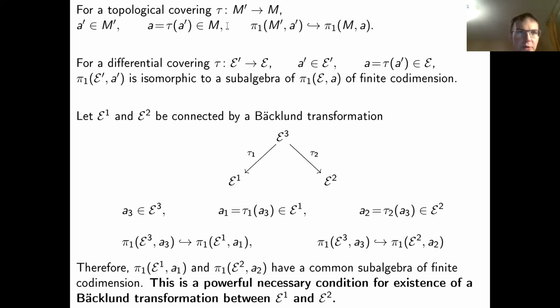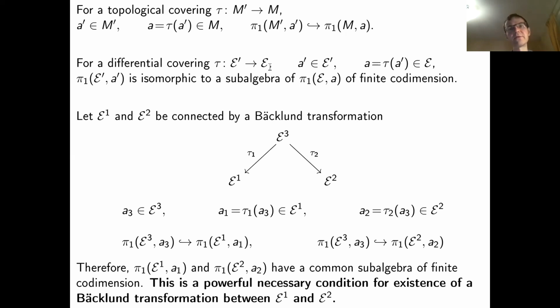If we have a topological covering tau from M prime to M, and we take a point A prime of M prime and consider its image in M, then we get this embedding of groups: the fundamental group of M prime is embedded into the fundamental group of the base manifold M. For differential coverings and fundamental Lie algebras, one has a similar property.